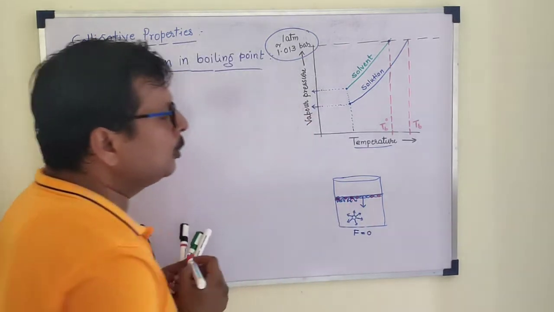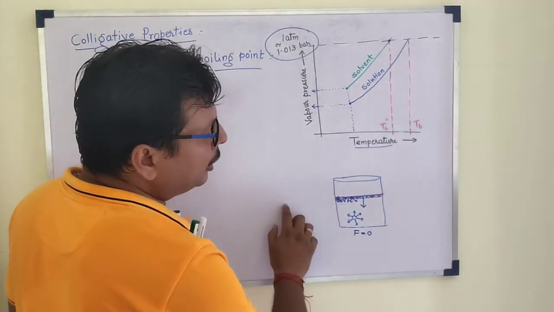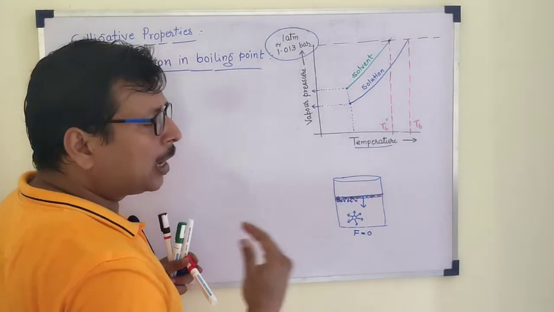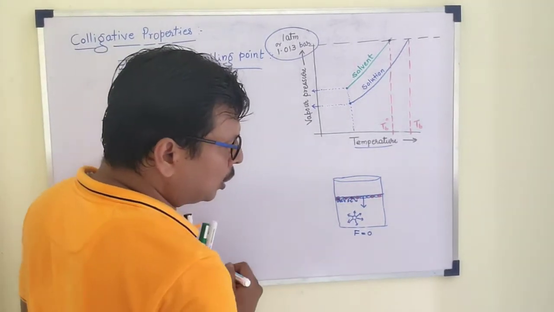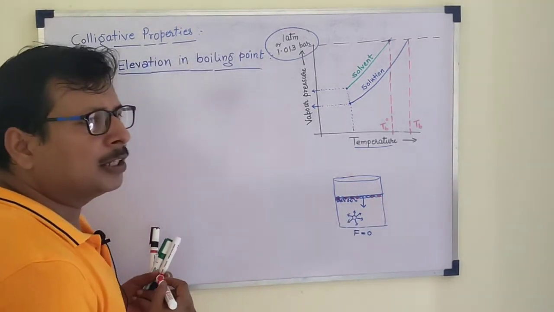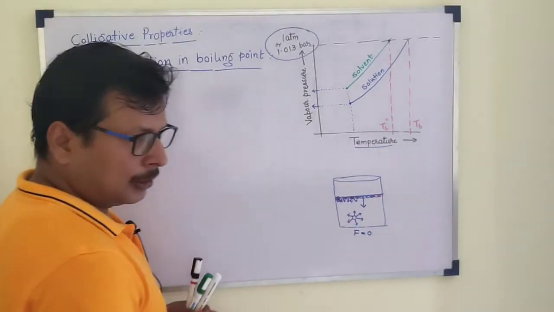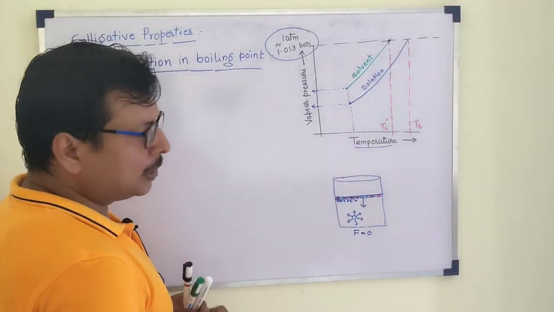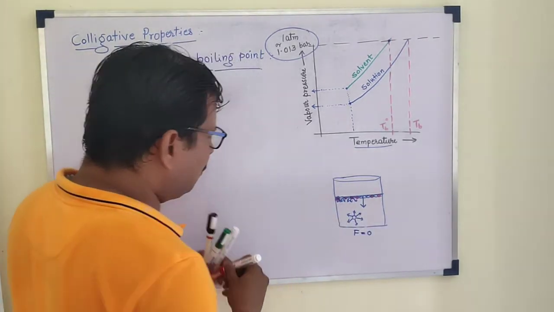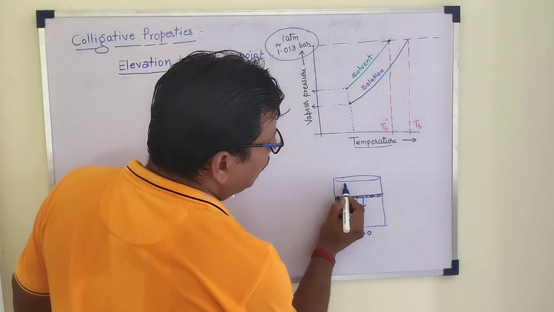If you are converting a solvent into a solution, the surface area of the solvent is occupied by the solute, hence the surface area decreases. Because of the decreased surface area, less amount of vapor is formed.